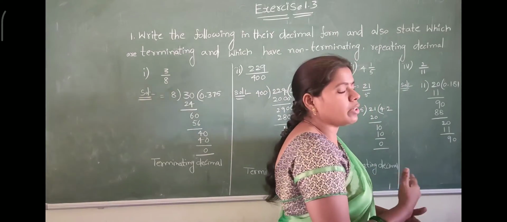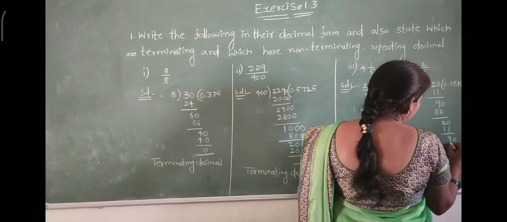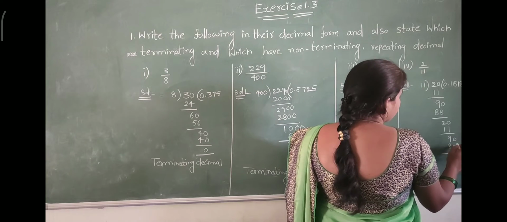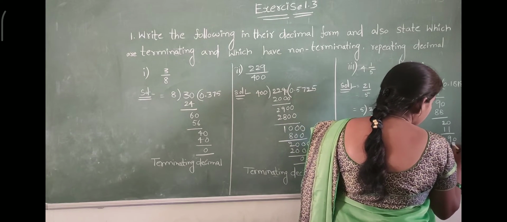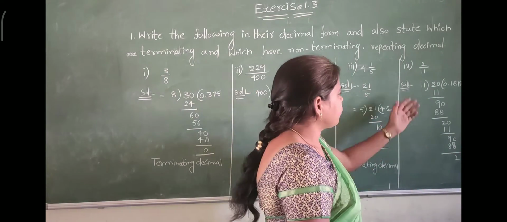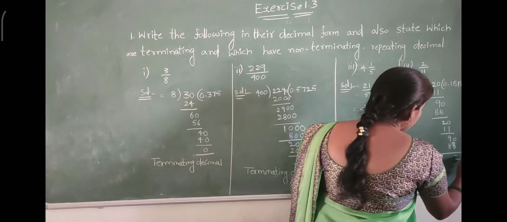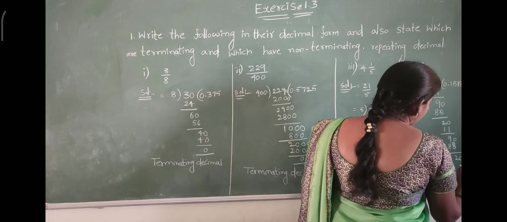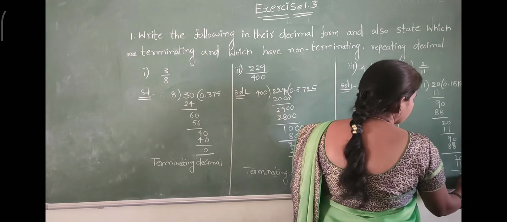Again, recall the table. 11 eights 88. Subtract. 10 minus 8, 2. 8 minus 8, 0. Again, 2 is also less than 11. That's why you have to keep 0. Again, recall the table. Again, you have to keep 11. 10 minus 1, 9. 1 minus 1, 0.